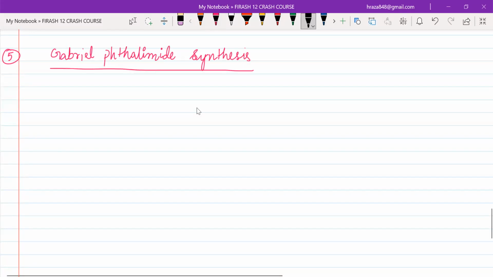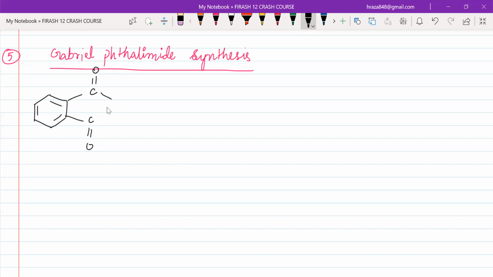So from Gabriel phthalimide synthesis, first I'm going to write phthalimide. So this is your phthalimide. It's like an anhydride group, right? What is anhydride? It's like an anhydride group, right? Yeah, the structure is like that.